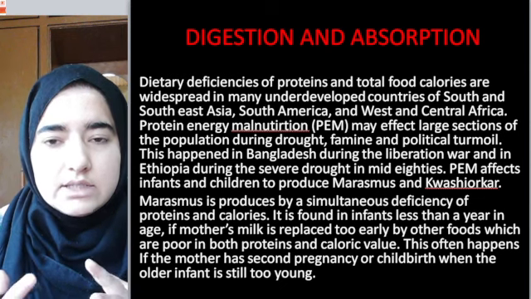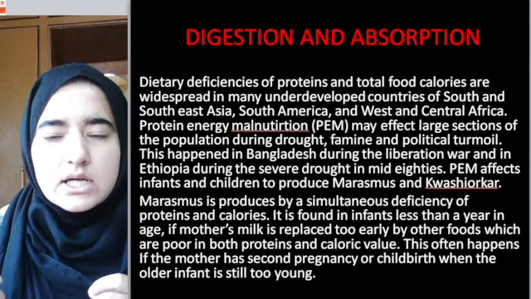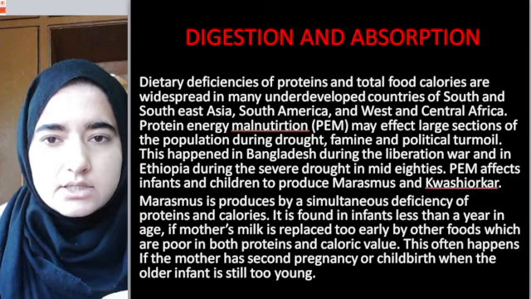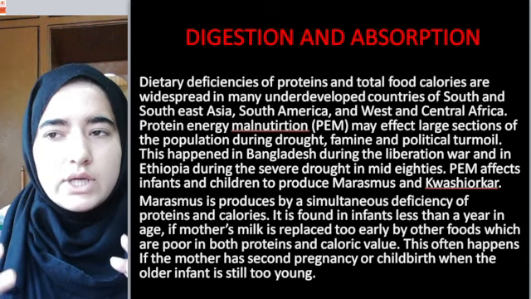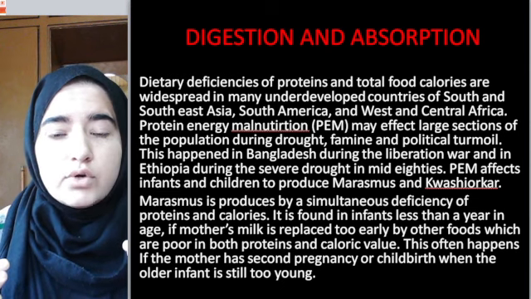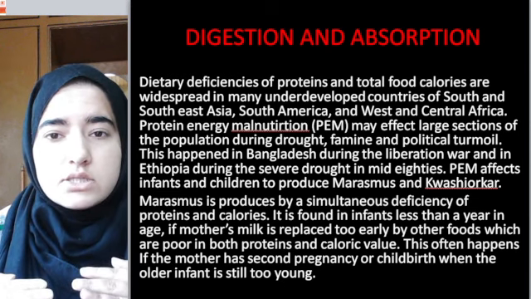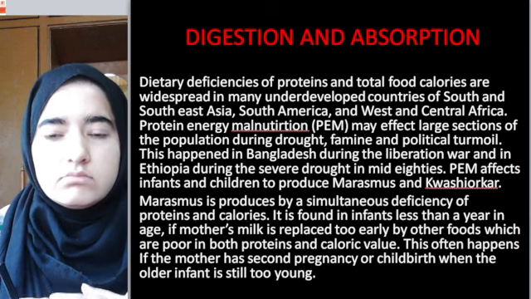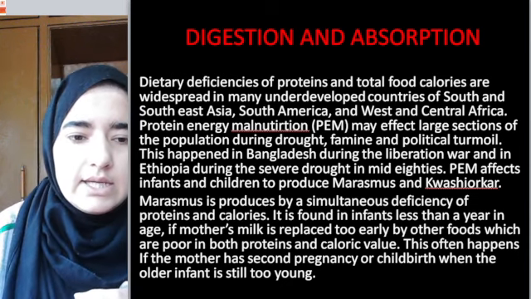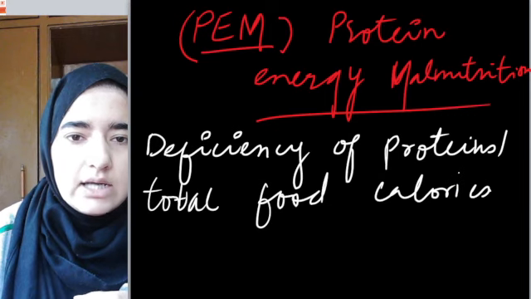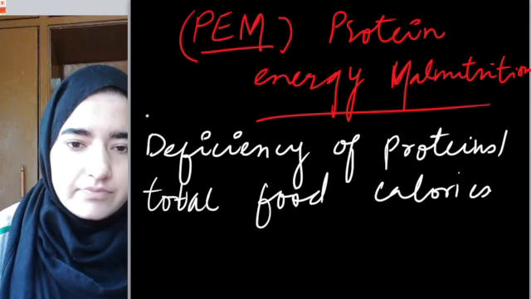Where does PEM occur? Basically, it occurs in underdeveloped countries, which don't have sufficient resources to meet their dietary deficiencies. So PEM mainly occurs in underdeveloped countries.